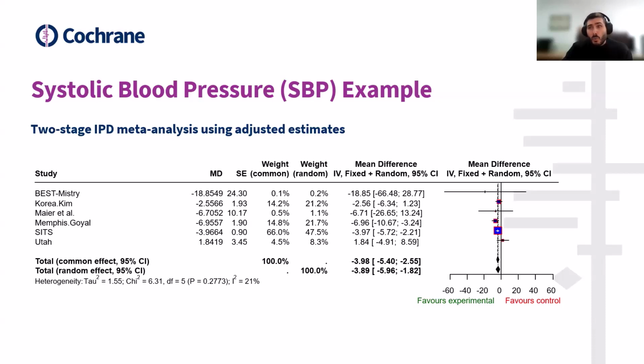In other words, once we account for age, we see a somewhat smaller overall treatment effect and more variability in the effects across studies. This illustrates how adjusting for prognostic factors can influence both the pooled estimate and the degree of heterogeneity in an IPD meta-analysis.